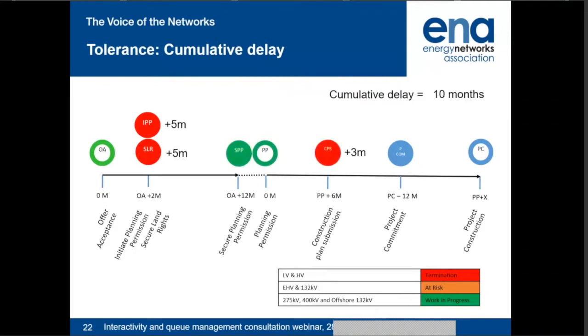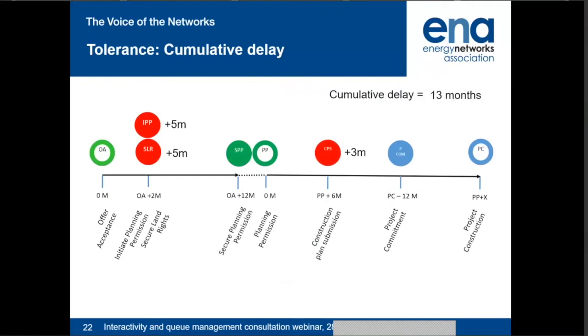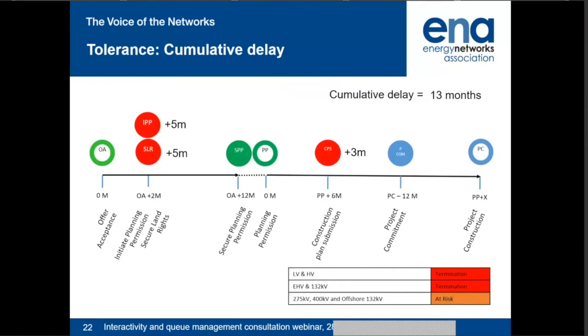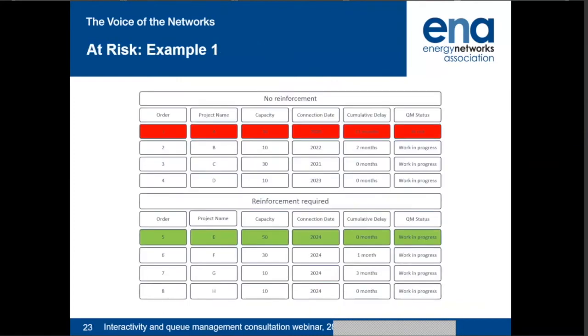I'm just going to jump on to the next bit, which is really about what happens if your project is classified as being at risk and potentially being queue managed. So in this example, you've got projects A to D, which accept their connection offer in order 1 to 4.